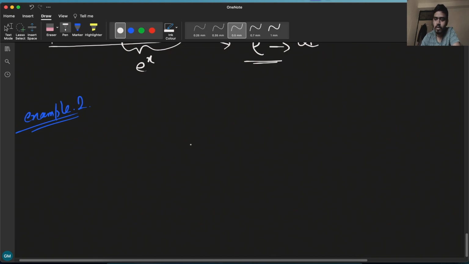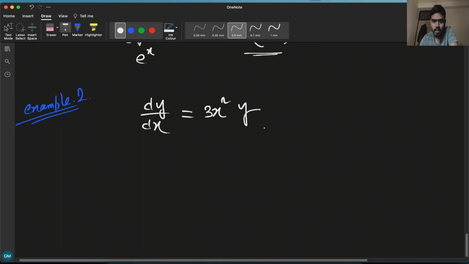The second example is dy/dx equals 3x squared times y. It's a bit complicated, but okay, we already know how to find the analytical solution. That is, write dy by y equals 3x squared dx and do the integration.